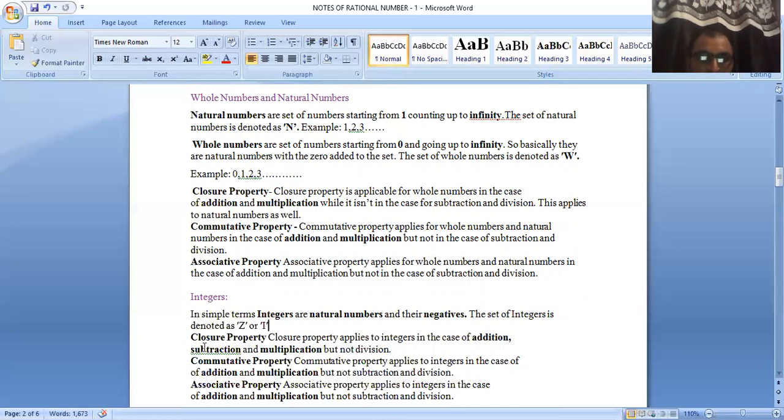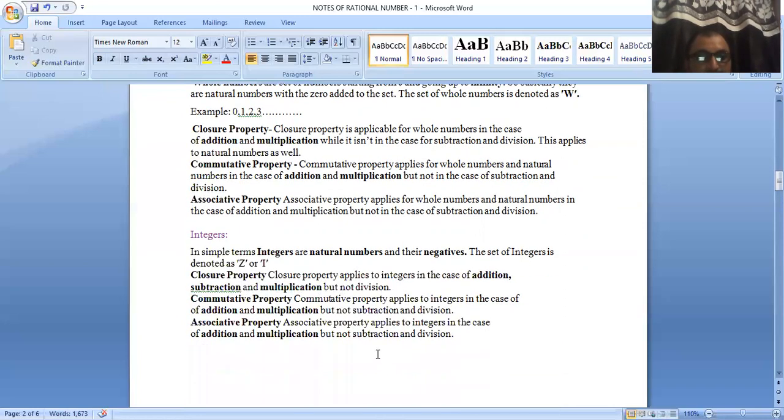Now its properties are as follows. Closure property applies to integers in case of addition, subtraction and multiplication but not division. Commutative property applies to integers in the case of addition and multiplication but not subtraction and division.